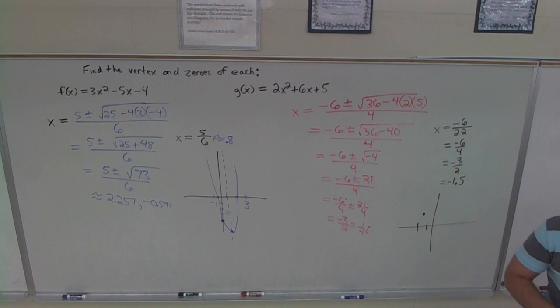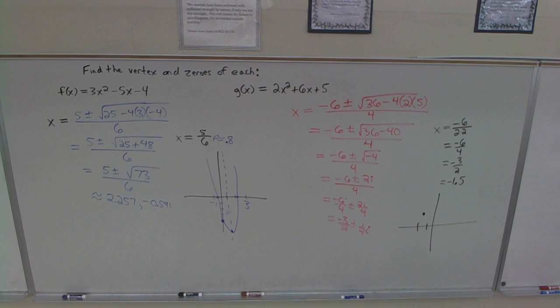I'm going to do that with my calculator, so a little calculator work. Let's see. I'm going to go 2 times -1.5 squared plus 6 times -1.5 plus 5. I got, let's see. Oh, I made a mistake. Got the wrong entry again, it looks like.